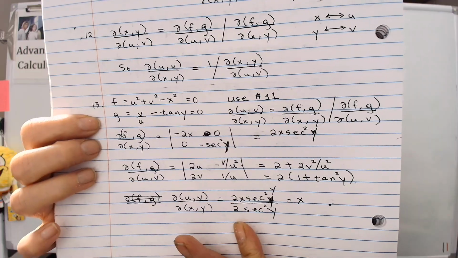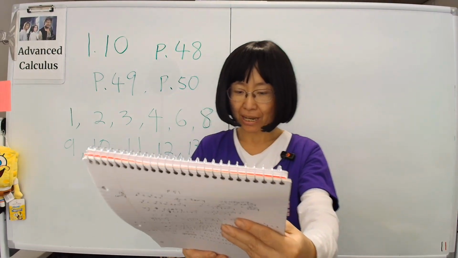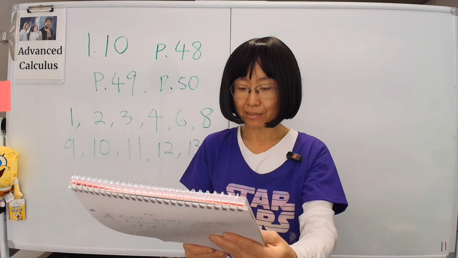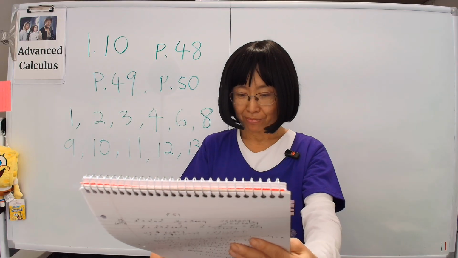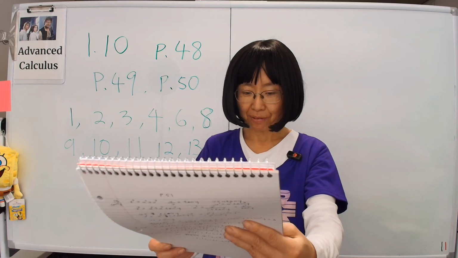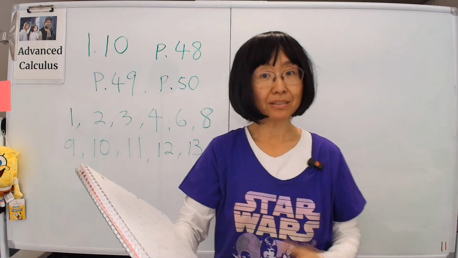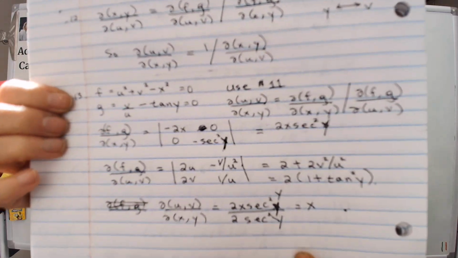So now let's move on to problem 13, where we have this function, and we have to calculate partial uv against partial xy. Okay, so let's do that. Following the formula given in problem 11, because that does make it easier. And so we plug everything in, right?